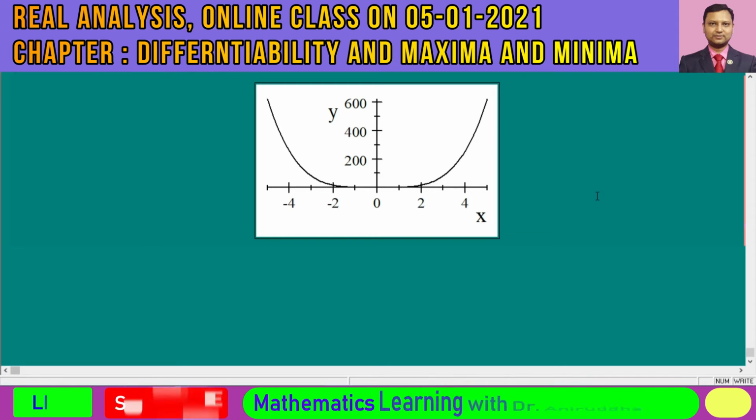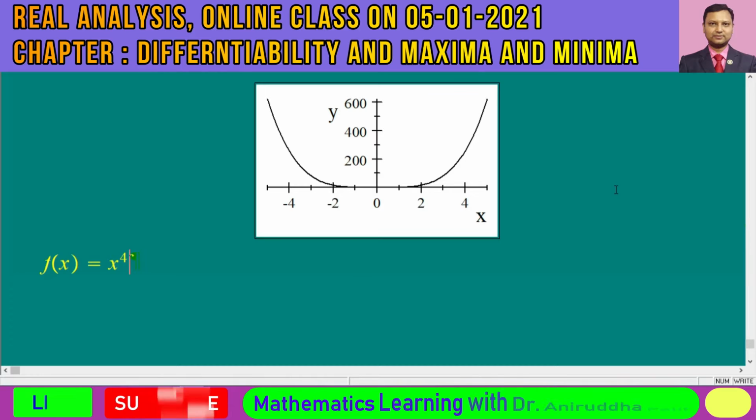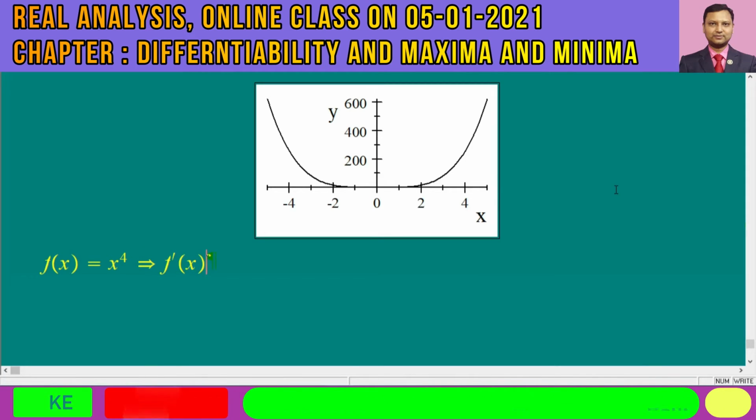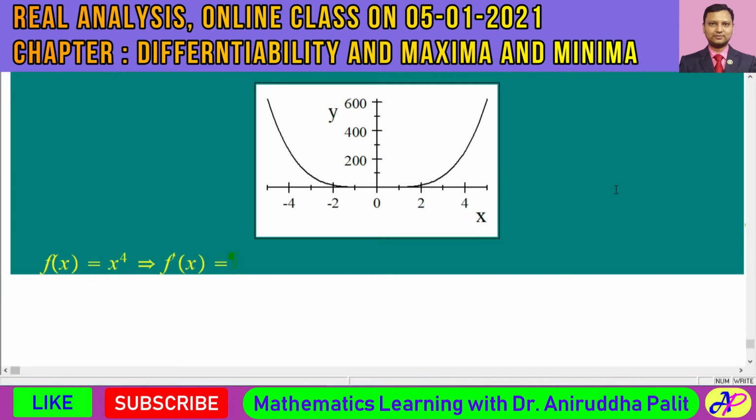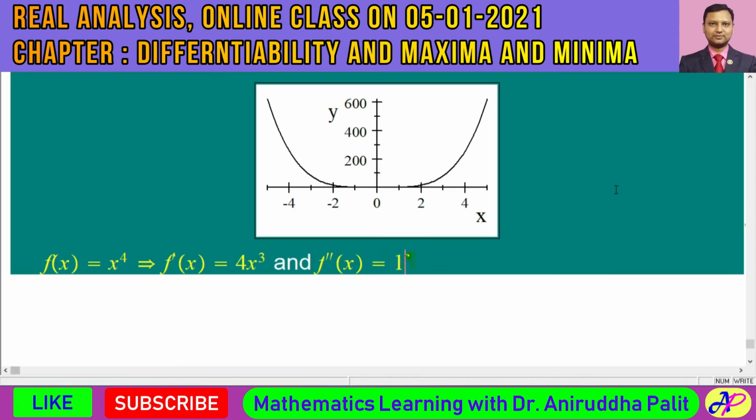But still, if you consider the derivative, f of x equal to x to the power of 4, then f dash x is equal to 4x cube, and f double dash x is equal to 12x square.